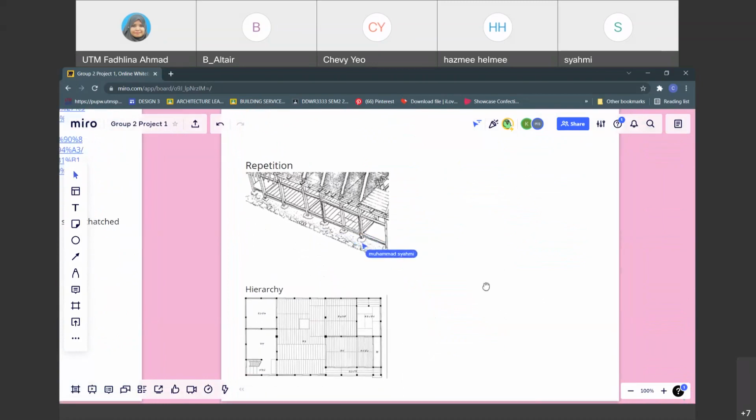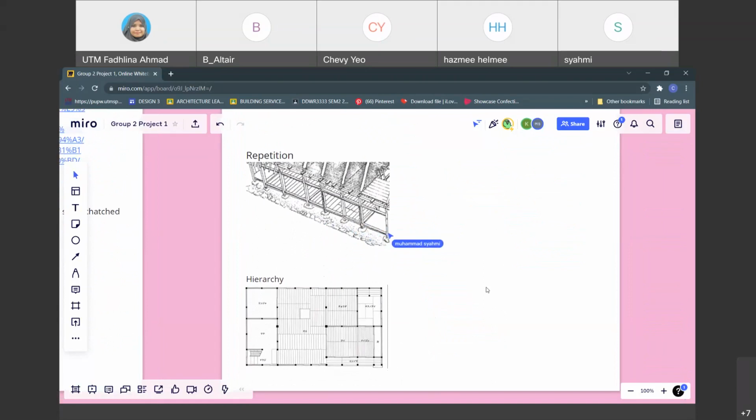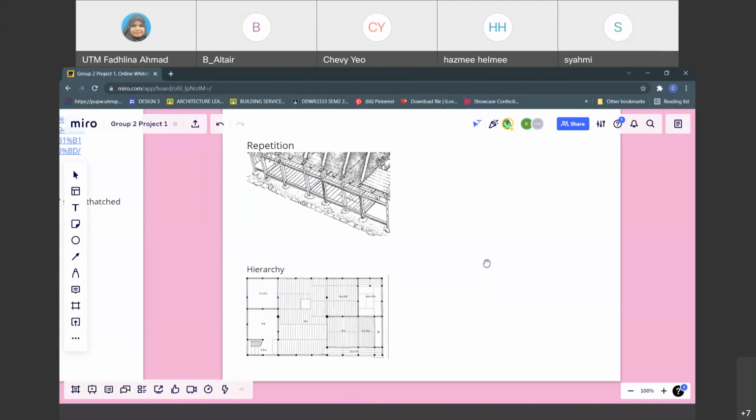And lastly is hierarchy, in terms of spaces within the building, where different parts of the building have different, for example, different spaces in terms of?